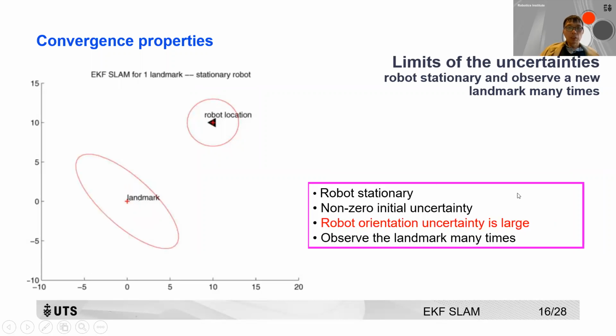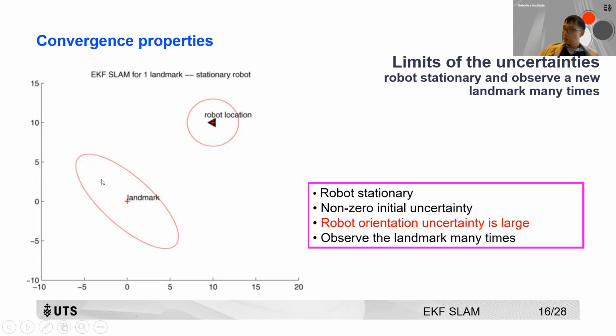If the robot orientation uncertainty is large, then after many, many observations, the best you can achieve is this shape. Instead of the same circle, you only have an ellipse. This is because the robot orientation uncertainty is large.